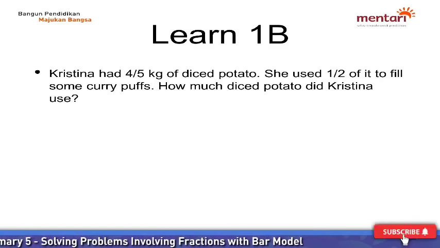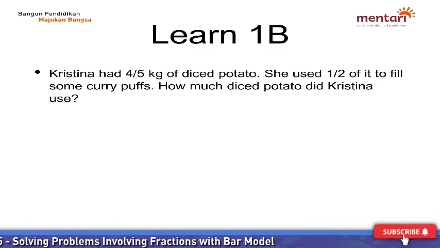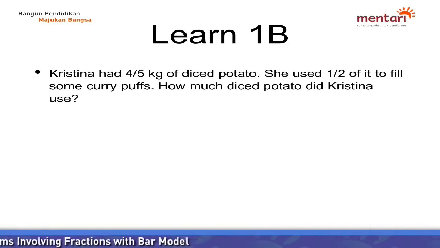How much diced potato did Christina use? One more time, we read together so that we will understand the word problem. Christina had 4/5 kilogram of diced potato. She used half of it to fill some curry puffs. How much diced potato did Christina use?